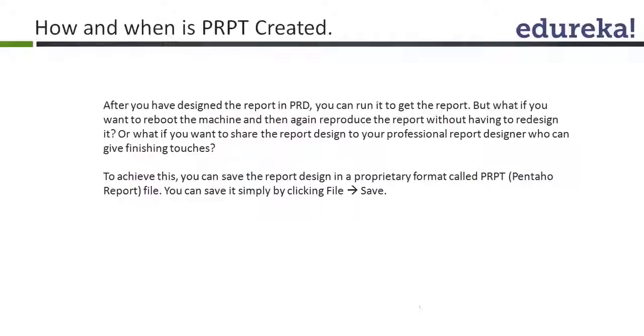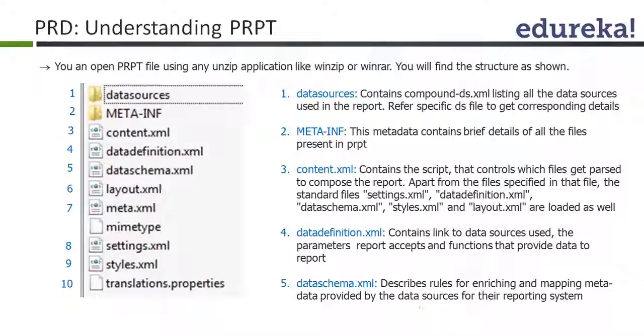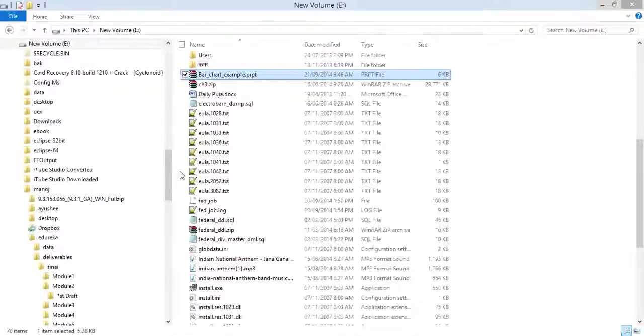And when PRD, Pentaho Report Designer, opens the PRPT file, it first unzips the file, loads the appropriate artifacts, and then presents you that designer view. We will open that zip file and see what different set of files reside in that zip.